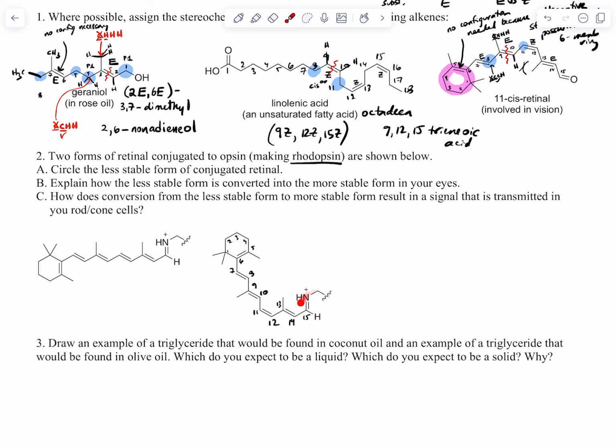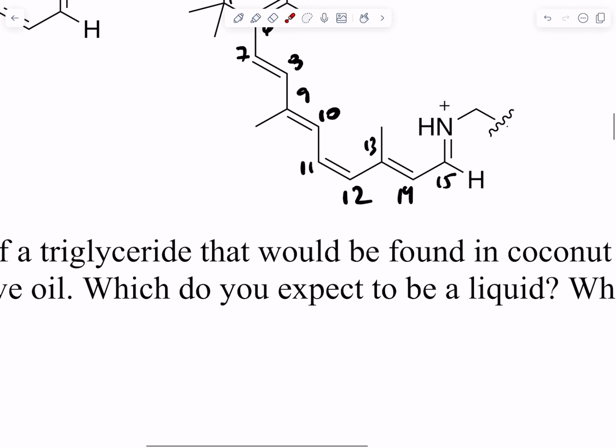Don't worry about that. That functional group is called an imine, and you will learn how to make them later. That's coming up in a future chapter, but for now, all this molecule is attached to the protein, okay? And it's got this cis or Z configuration about the bond between 11 and 12.